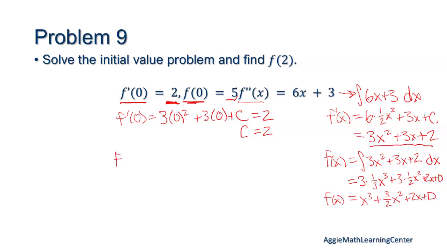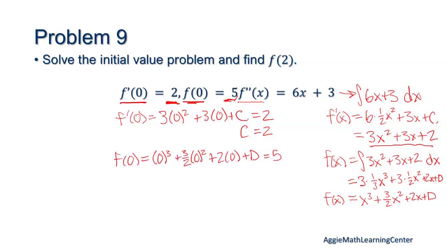So let's go ahead and plug it in like we did before. So I'm going to come over here. I'm going to write f of 0 is equal to 0 cubed plus 3 halves times 0 squared plus 2 times 0 plus d is equal to 5, right? Because that was my initial condition. Okay.